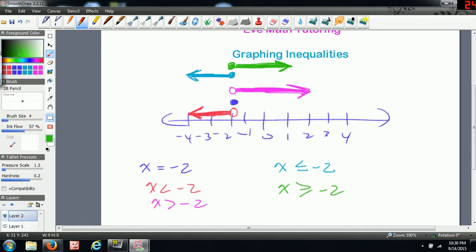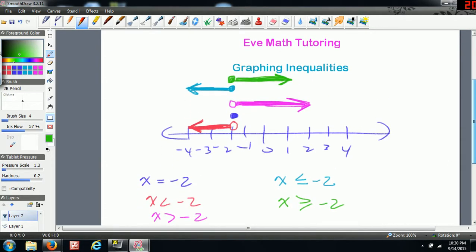So when you want to graph it, it looks the following way. This is representing the point -2 and everything less than that number. So the point -2 is included and everything less, and over here x is represented by -2, that specific point and everything greater than that value. Okay? So that is graphing inequalities.